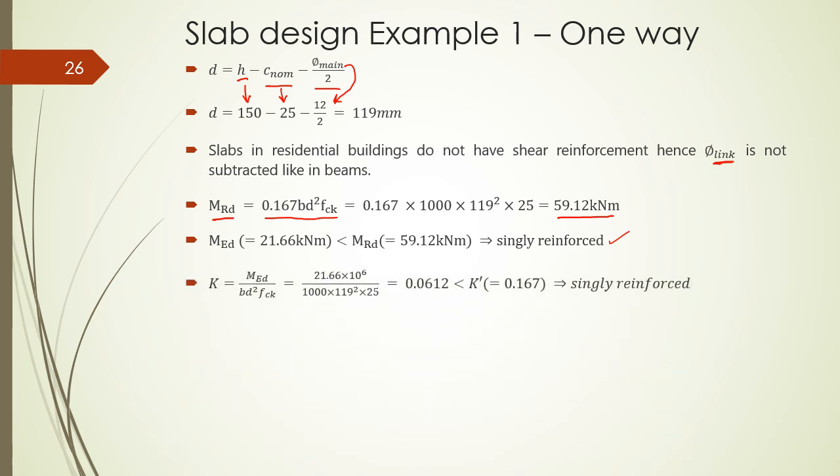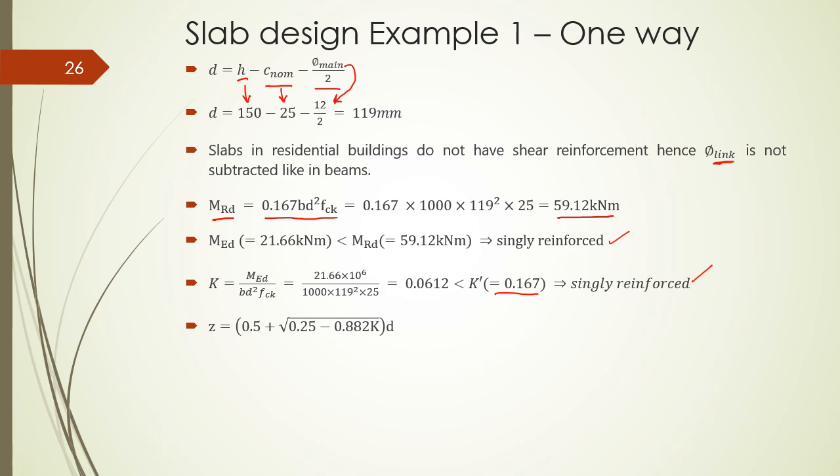Similarly, we could calculate K, which is MEd over b d squared fck, and we will get K as this, and it's less than K prime, which is 0.167, therefore it's singly reinforced.